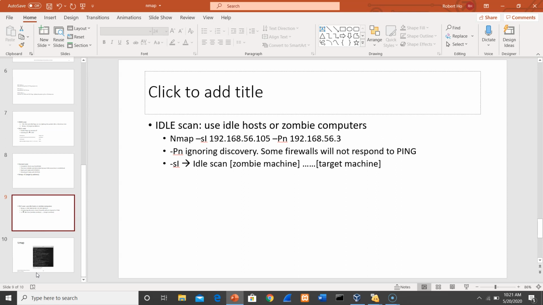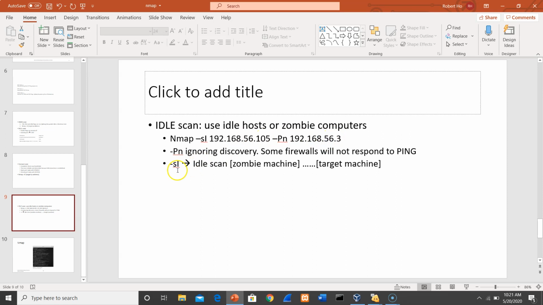An idle scan uses an idle host, or zombie computer. Let me explain the command. Nmap -sI, that means idle. This is my zombie machine. I'm going to use my Windows 7, which is .105, as my zombie machine, and I'm going to target my Metasploitable VM.